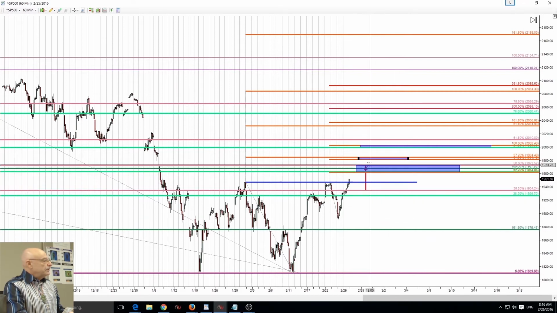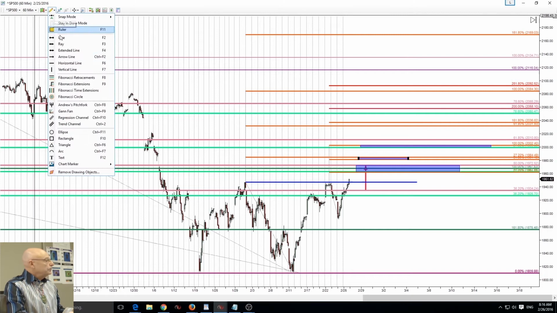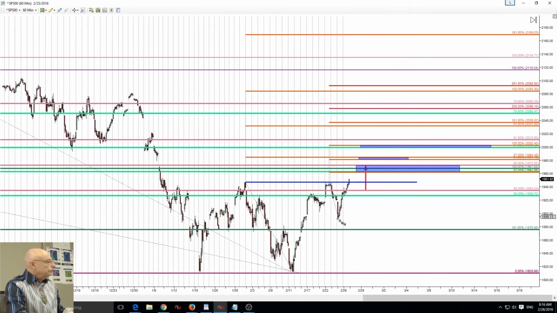So that's our resistances. And if we go lower, then no matter how high we go, if this level is taken, then we go in lower.